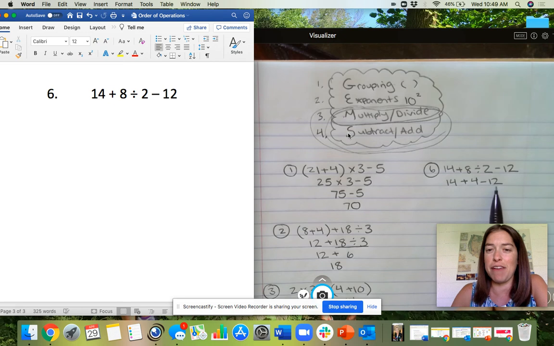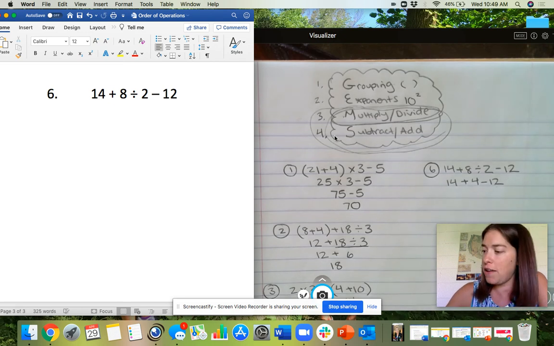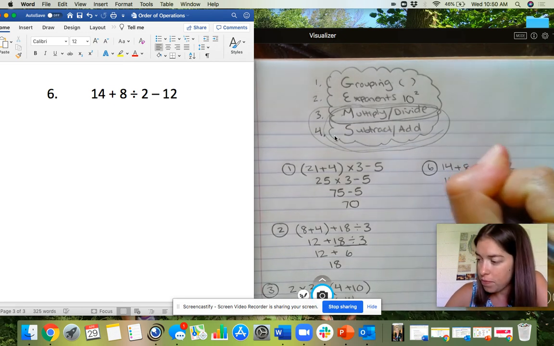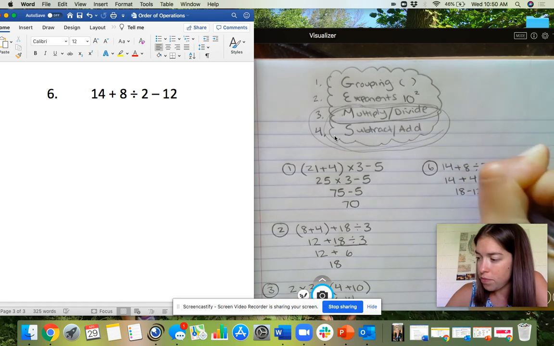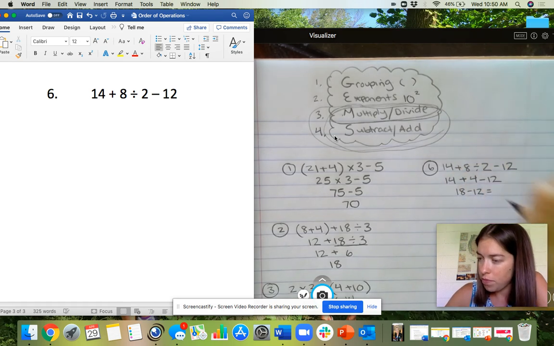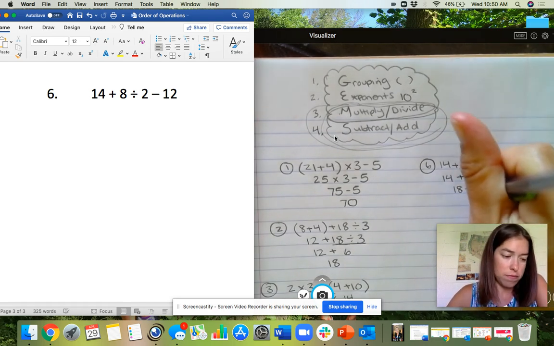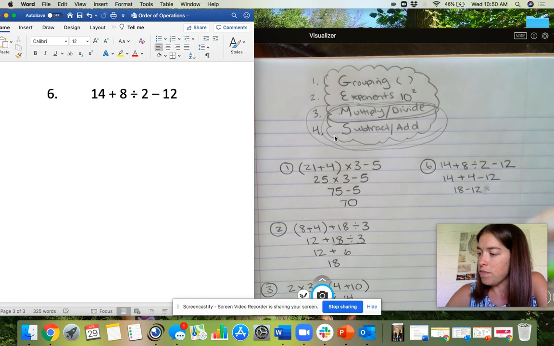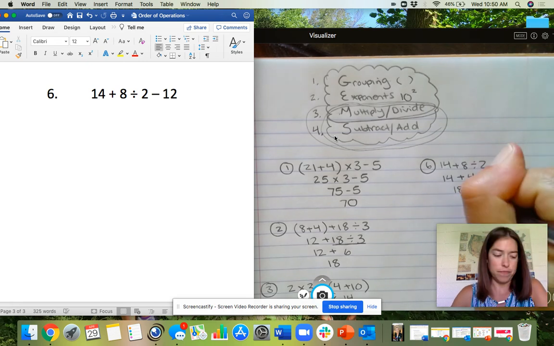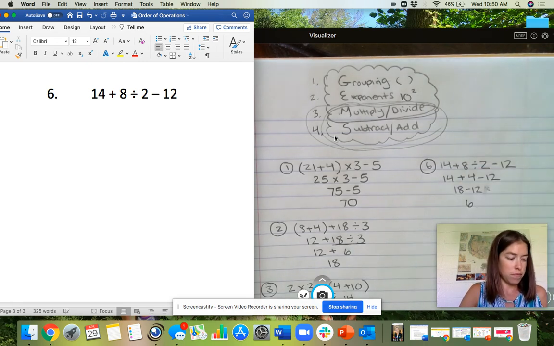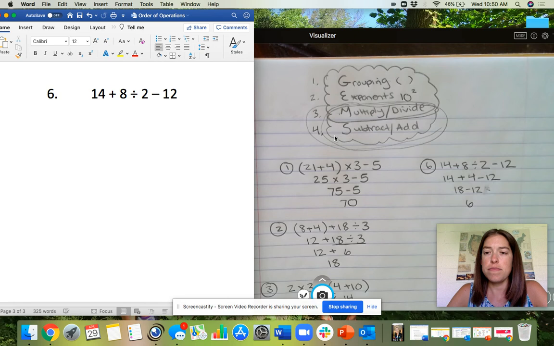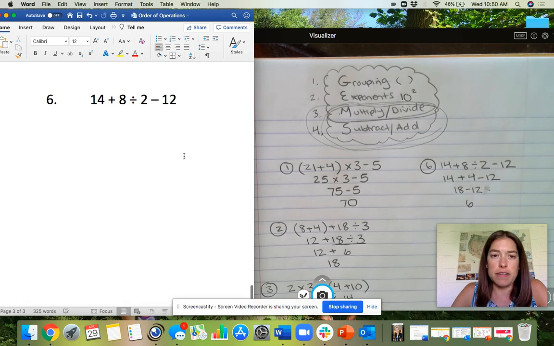We're just going to go from left to right because they're on the same level step. All right, go ahead.